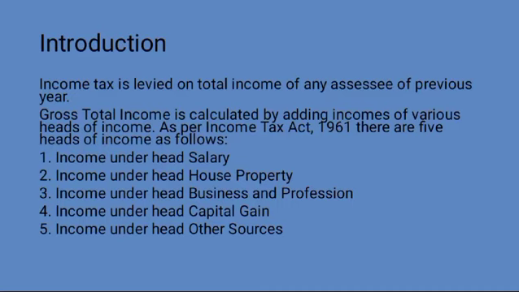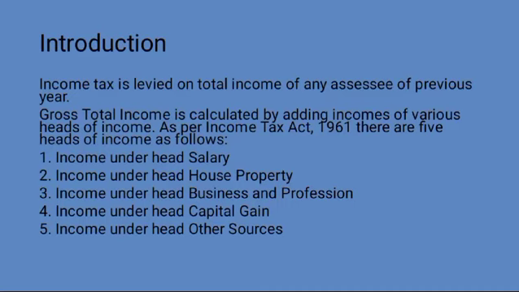First of all, the gross total income is calculated by adding incomes that are covered under various heads of income. As per Income Tax Act 1961, we have 5 heads of income that are salary, house property, business and profession, capital gain, and other sources.